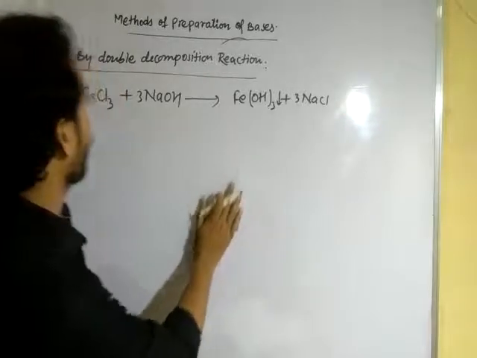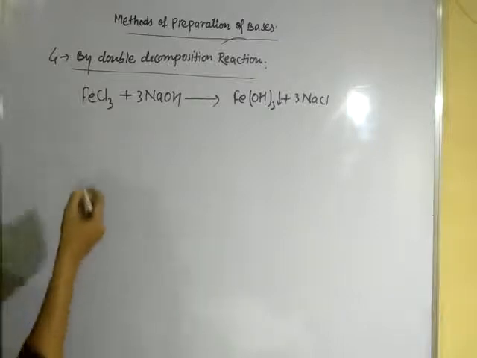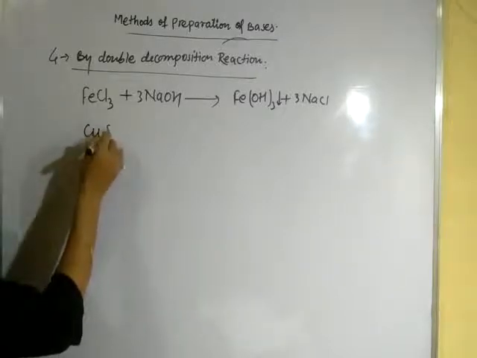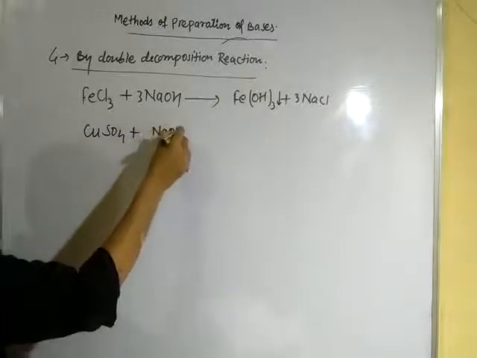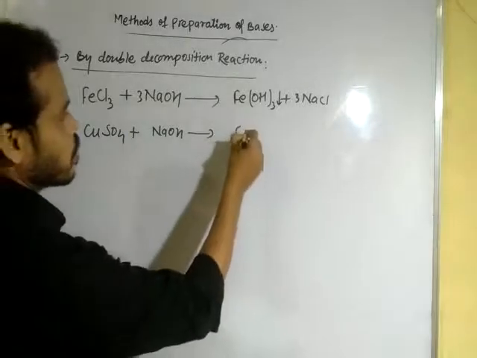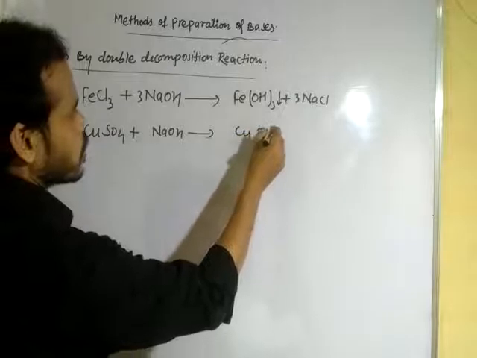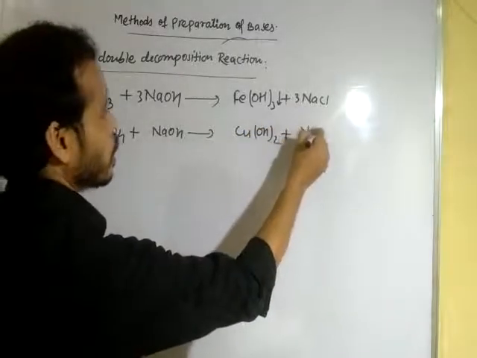Next one is when copper sulfate, CuSO4, is treated with sodium hydroxide, NaOH, to form cupric hydroxide, Cu(OH) whole twice, and sodium sulfate, Na2SO4.